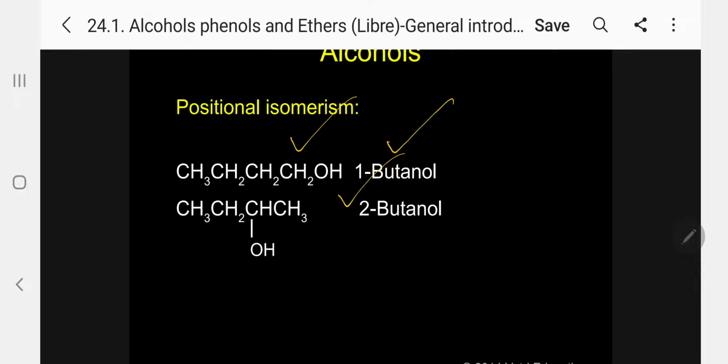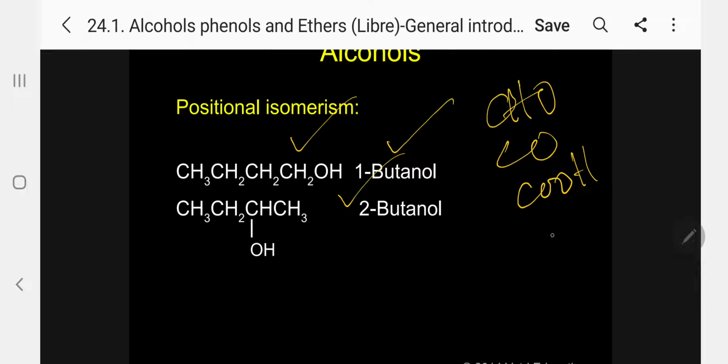One interesting piece of information I want to give here: carbon containing functional groups will not show positional isomerism. Please follow. They will not show positional isomerism because when we are giving the IUPAC name, we always start numbering 1 here.